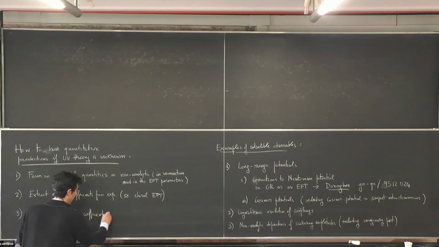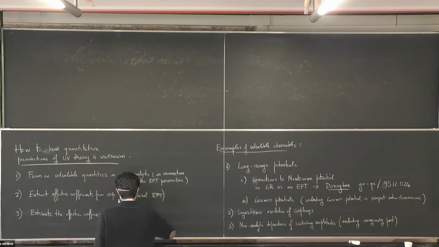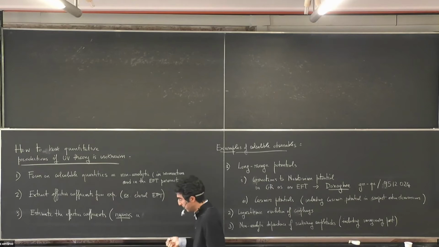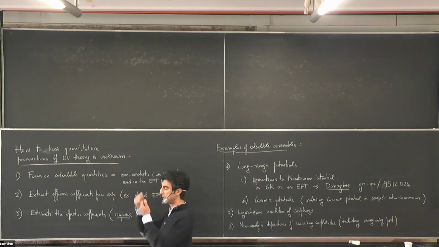And now this requires a power counting, a set of rules which allow you to make an educated guess about the size of these coefficients. Of course, this is not a way to compute.